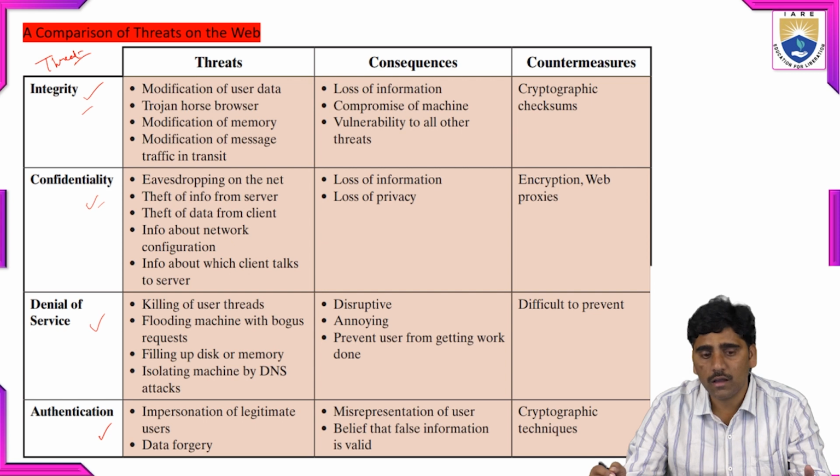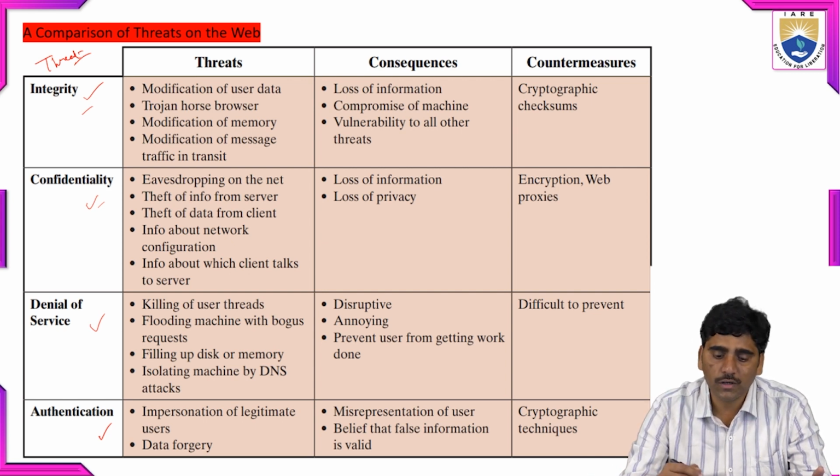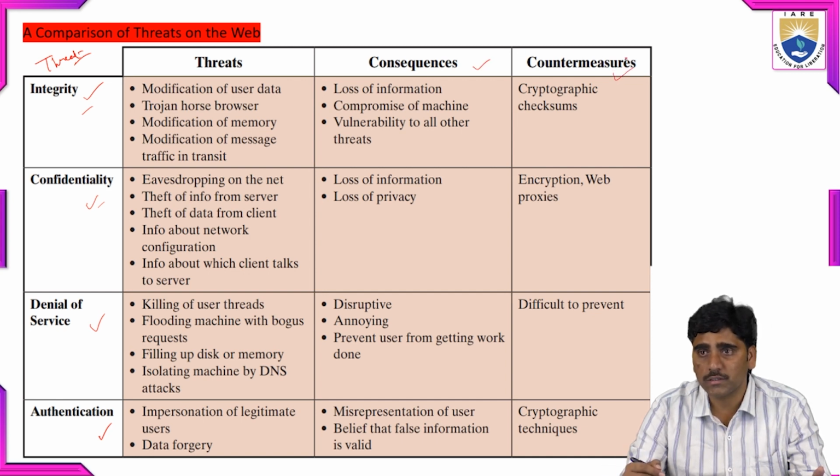After all these threats occur, what are the consequences, and what are the countermeasures? Here, for integrity threats, we are going to see what the loss is. The first one is modification of user data.